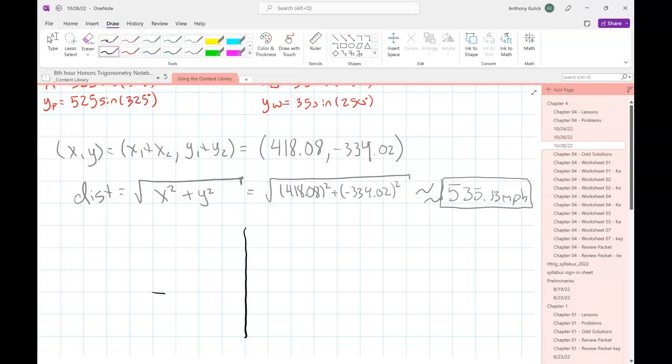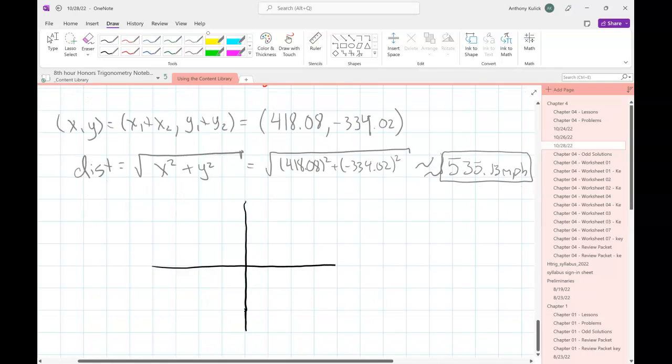And then my bearing, I'm going to plot my XY. So I go 41808 over and negative 334 down.